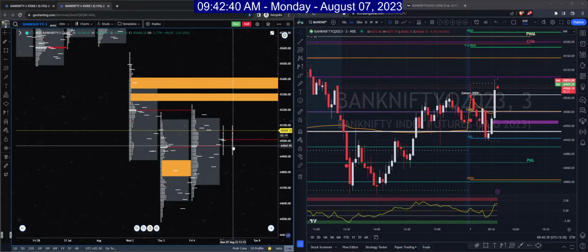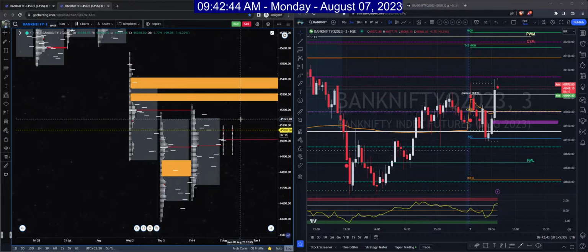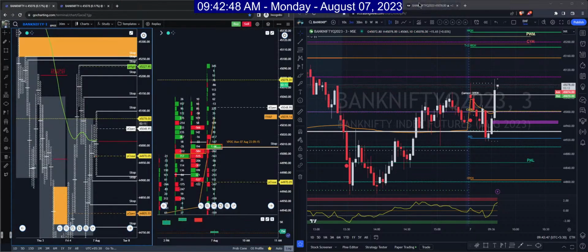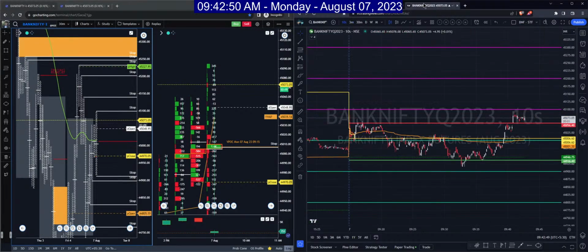So we looked below the previous day's POC. We are developing around today's POC, and value area high is at 45,147, which will be an area of supply again.